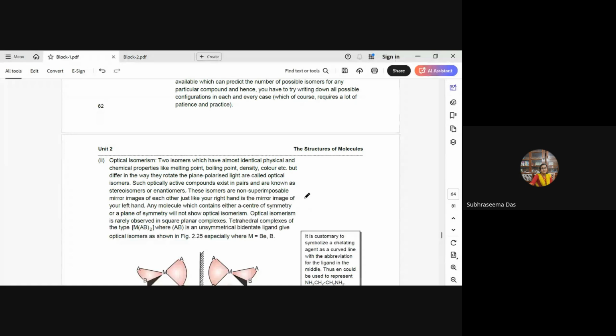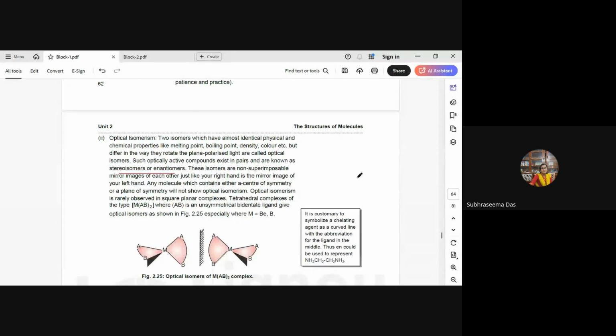The only difference in optical isomers lies in the rotation of the plane polarized light. Such optically active compounds exist in pairs, and they are called stereoisomers or enantiomers.